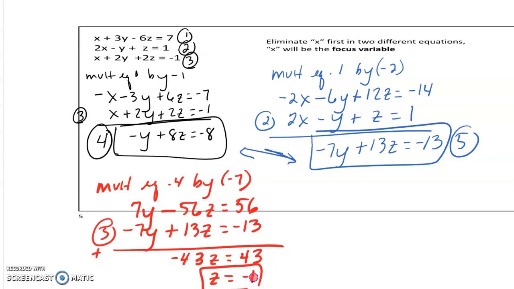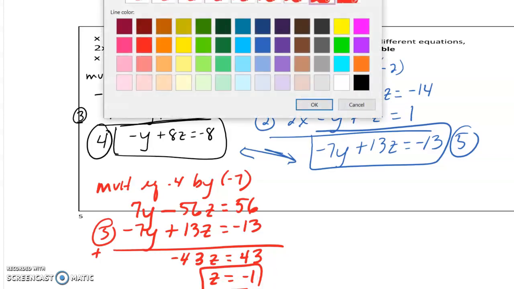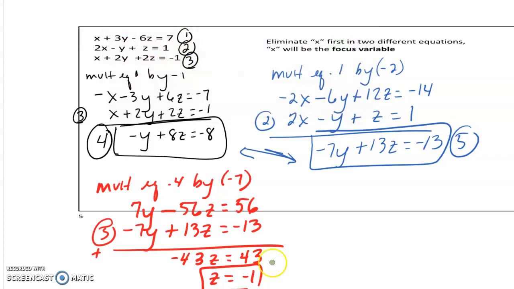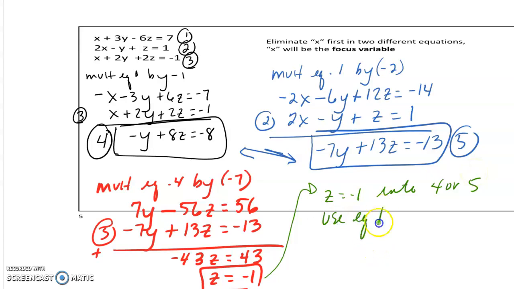All right, now I'm going to choose to put z equals negative 1 into equation 4 or 5. I'm going to plug z equals negative 1 into equation 4.